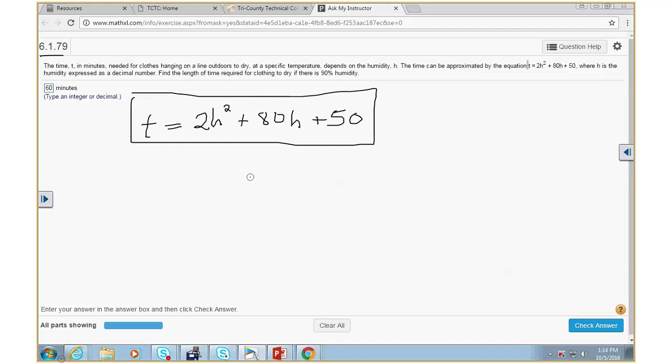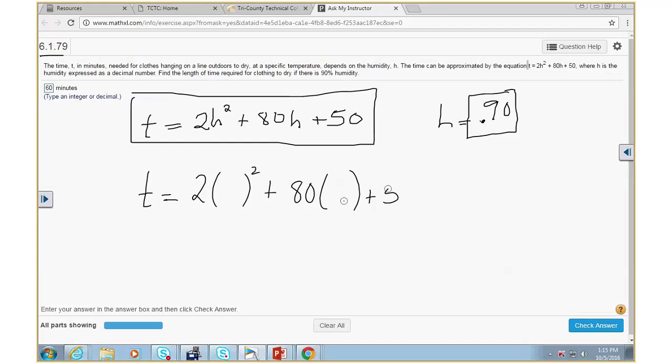So we got 0.9. H is equal to 0.90. Which means very high humidity. Dang old Myrtle Beach humidity. Okay? So, T is equal to, first thing I do is draw big sets of parentheses. 2 times parentheses squared plus 80 times parentheses plus 50.